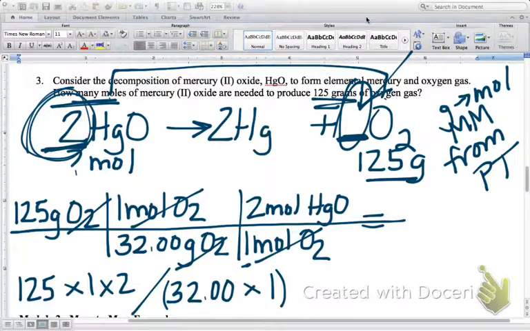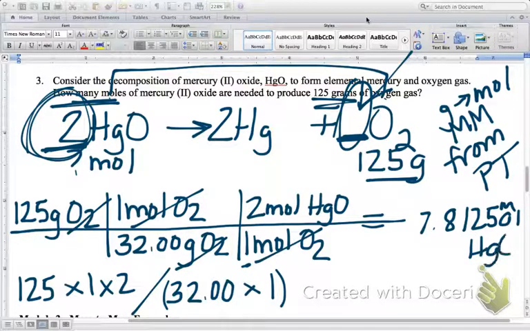So, how many significant figures did we start with? 125. How many sig figs is that? That's 3 significant figures. So we're going to do 125 times 1 times 2 divided by 32. And my calculator shows me 7.8125, and that is moles of HgO.